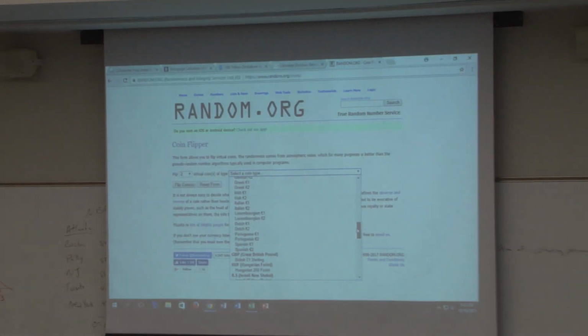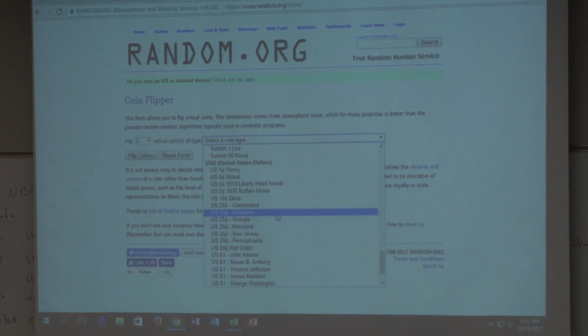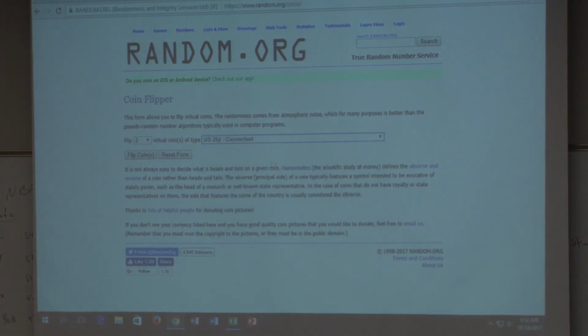So here's a coin flipper. We can select a US dollar. You can select anything you want it to be. If I have 10 virtual flips, I should have, roughly speaking, 5 and 5, right? That's what we're all taught.